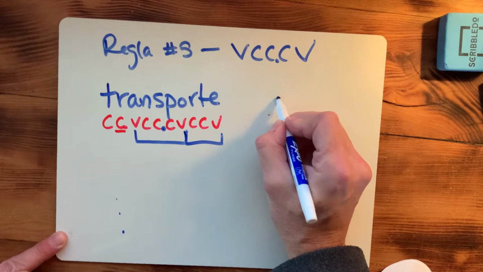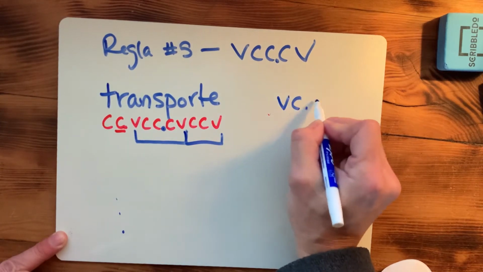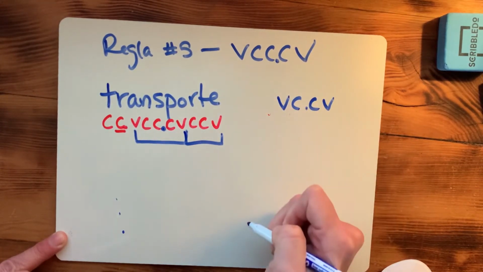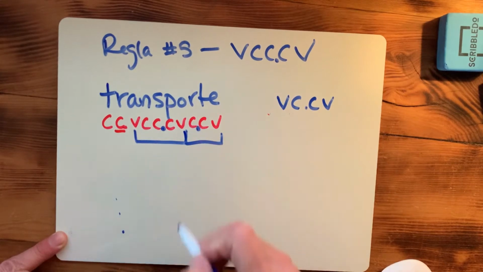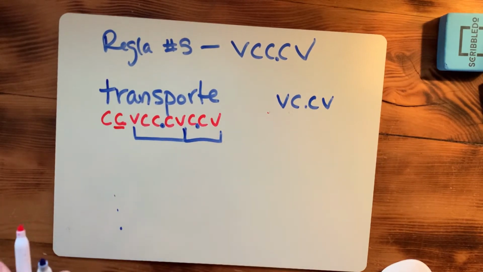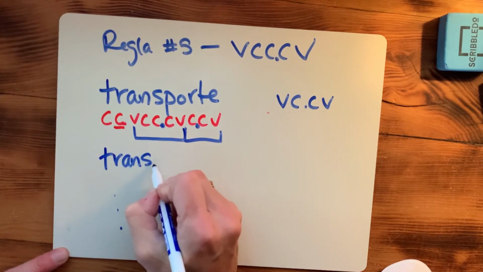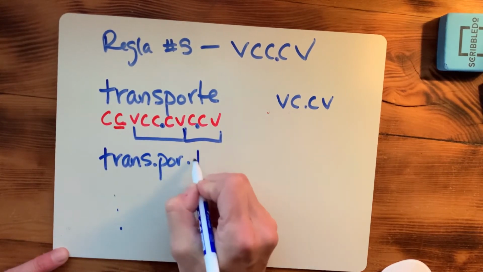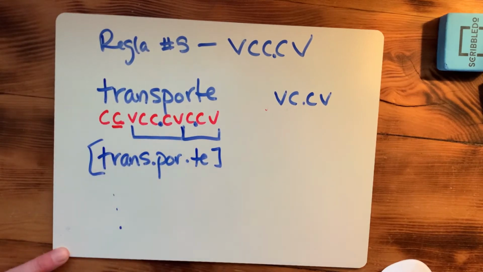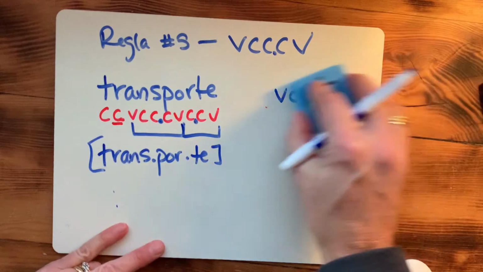Rule number 3 was vowel, consonant, consonant, vowel, 2 consonants without a cluster. And so I'm going to divide it down the middle. Now I'm going to simply recopy everything according to that transcription. The other word that I have here is instante.